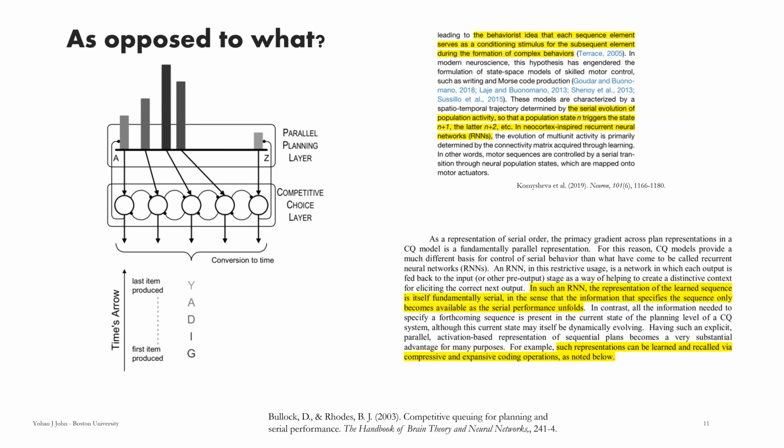The primacy gradient is evolving along with the process of sequencing or reading out something. If you assume these are individual dumb cells, they're not suddenly going to have a representation for a primacy gradient. They're just going to co-evolve in a sense, and RNNs can kind of do that.